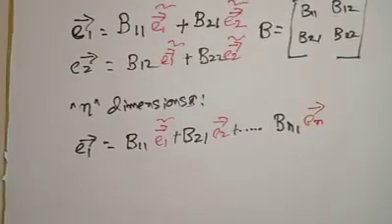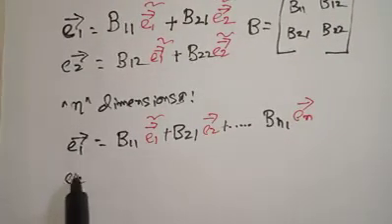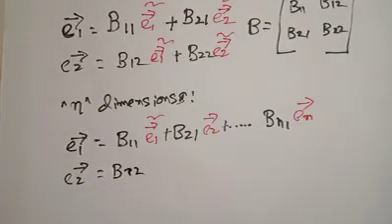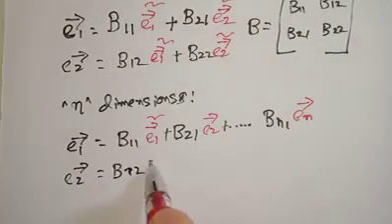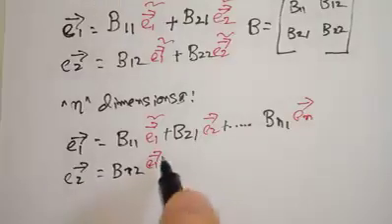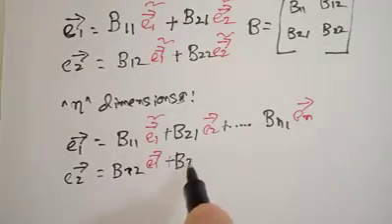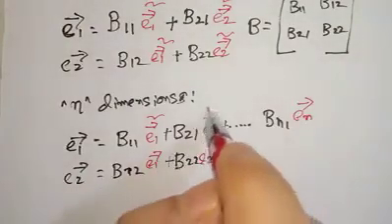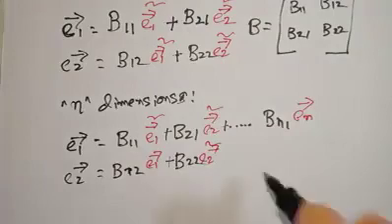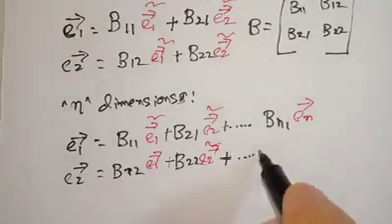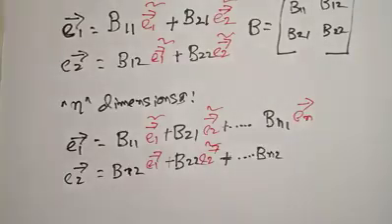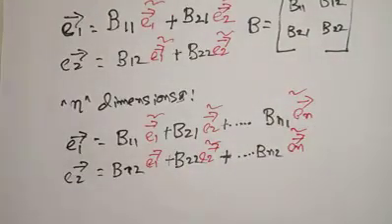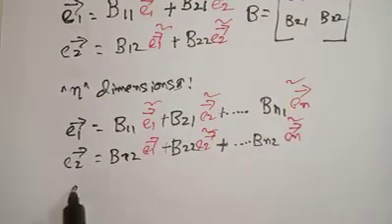Similarly, we write the E2 part up to n. E2 would be B12 E1 tilde plus B22 E2 tilde, continuing up to Bn2 En tilde. And then we will do it similarly for En. So let us do it for En.